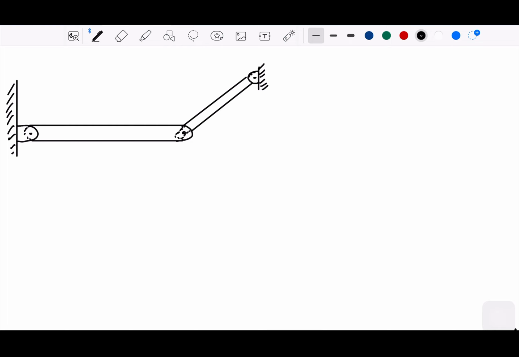That's the picture. Let's say we have points A, then B, and then C.